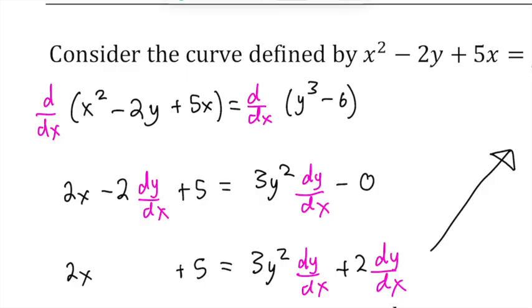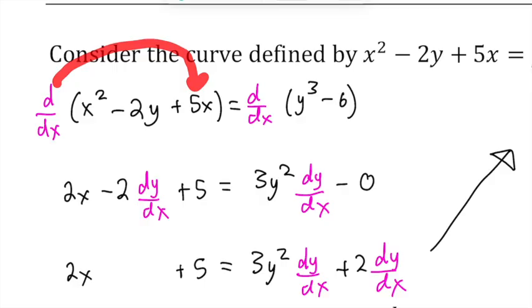When it distributes through, you get the derivative of x squared, which is 2x. You get the derivative of 2y, which is just 2, but since we took the derivative of y, we have to write dy/dx, so we got minus 2 dy/dx.